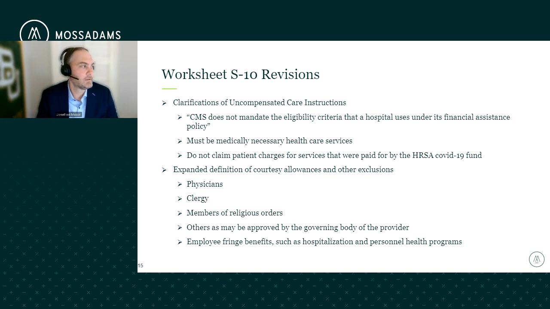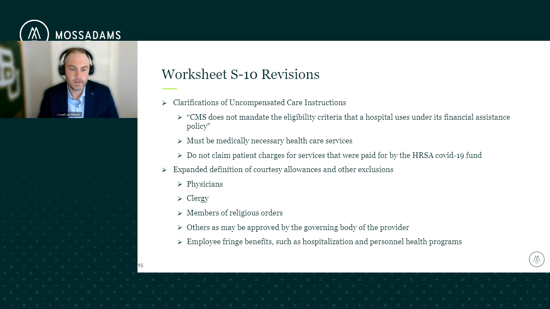So it's the provider that sets the charity care for their facility, for their patient population. And it's that financial assistance policy that drives the charity care that you're reporting on S10 and ultimately are reimbursed for. So it's up to the hospital, within federal and state guidelines, to set that policy.